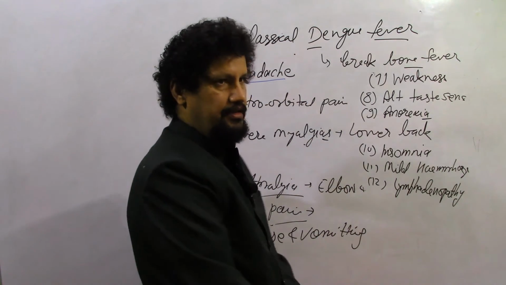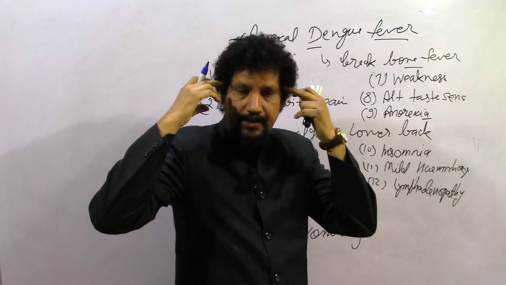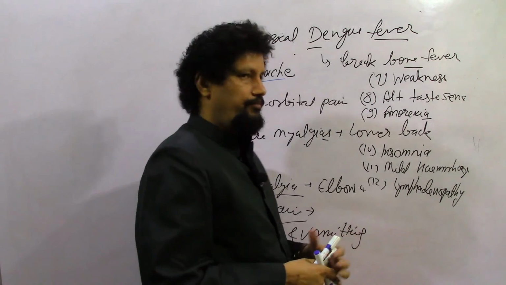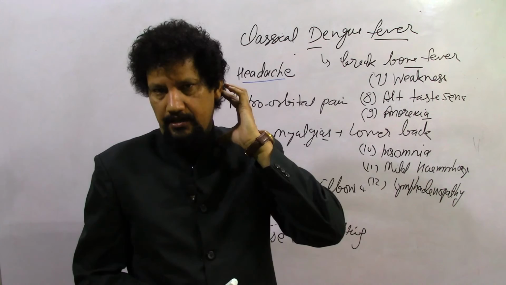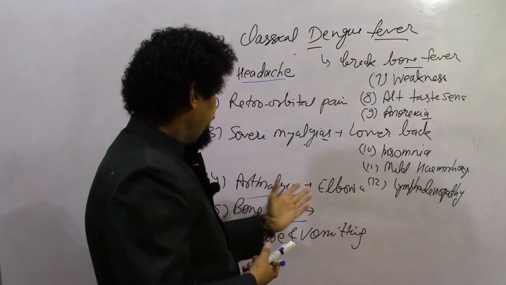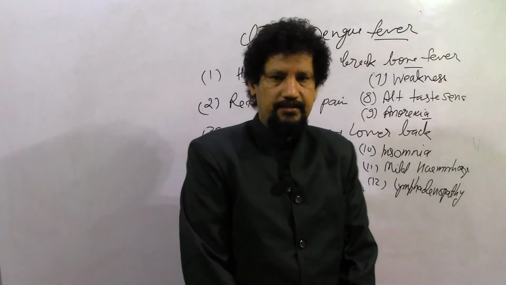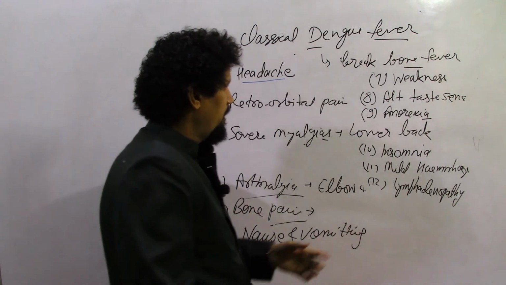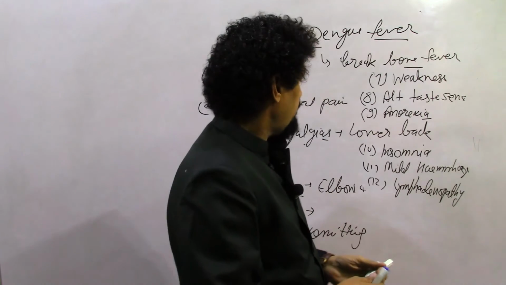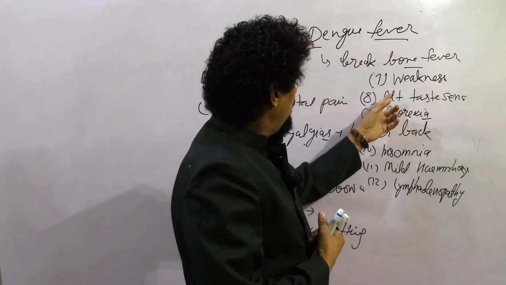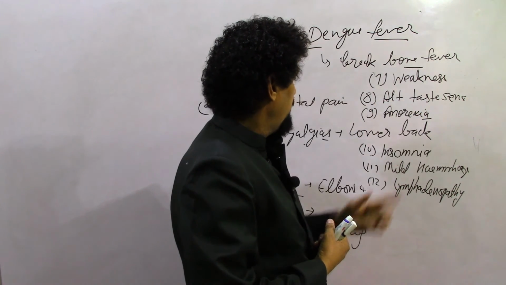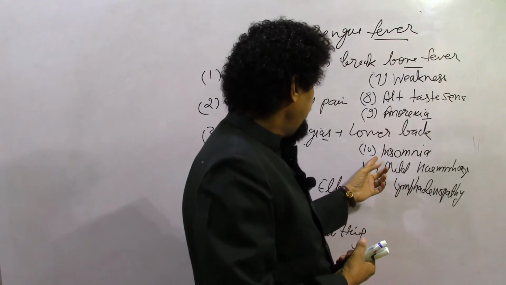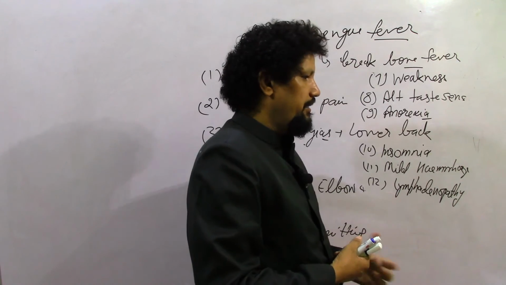Maybe severe headache, retroorbital pain, pain behind the eyeballs, severe myalgia affecting the lower back, upper and lower extremities and neck also, arthralgia affecting the elbow joint and the knee joints, bone pain affecting almost all bones of the body, nausea and vomiting, weakness and prostration, altered taste sensation, anorexia, that is loss of appetite or lack of appetite, insomnia, mild hemorrhage and lymphadenopathy.